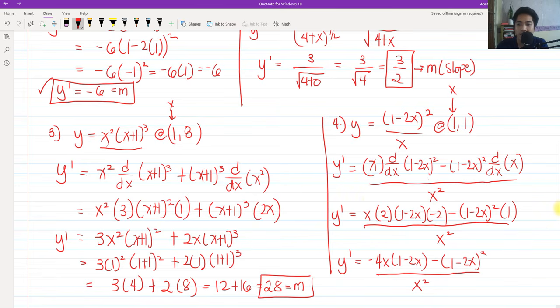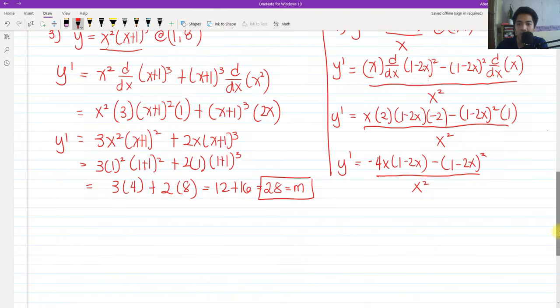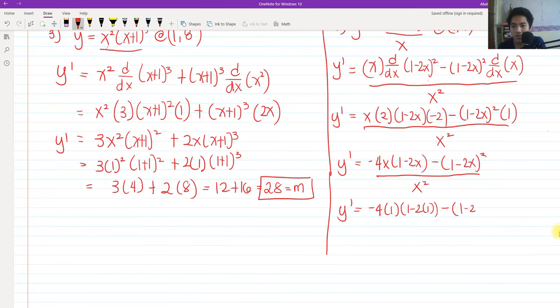So the value of x in that case would be 1. So we substitute x equals 1. That becomes negative 4 times 1, times (1 minus 2 times 1), minus (1 minus 2 times 1) squared, all over 1 squared.